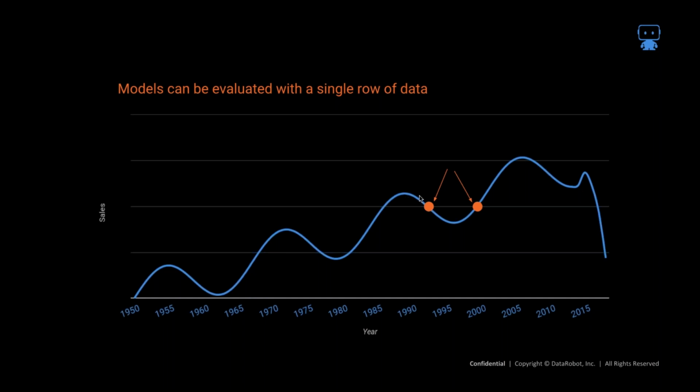If the only information I had was this point, I can see that these two points have the same values, but their next values are different. So in order to say what the next value is from each of these points, I need to know the history data before that point.